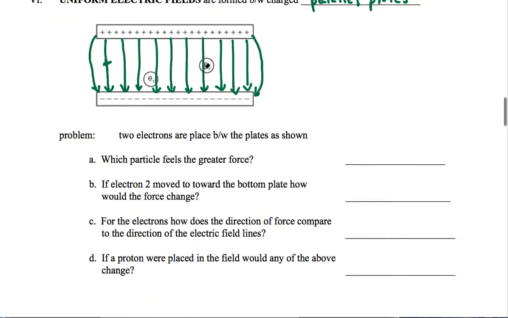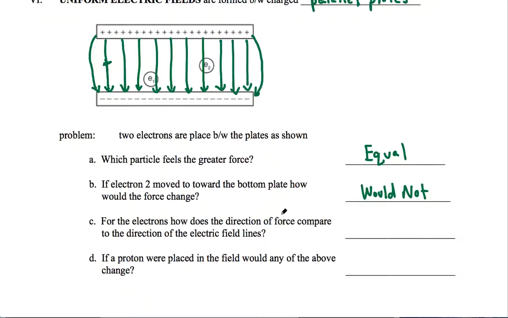So 2 objects of equal mass are going to experience the same force on Earth, regardless of whether one is close to the Earth and one is further away. So this is equal. Okay, if electron 2 moved towards the bottom plate, how would that force change? It would not. For the same reason, same argument.